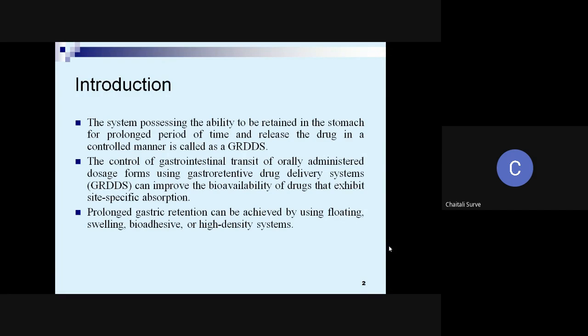So the goal of a GRDDS system would be to maximize the transit time of the dosage form, so that it is retained in the stomach area for the maximum time, and once its function is over, it then enters the small intestine.